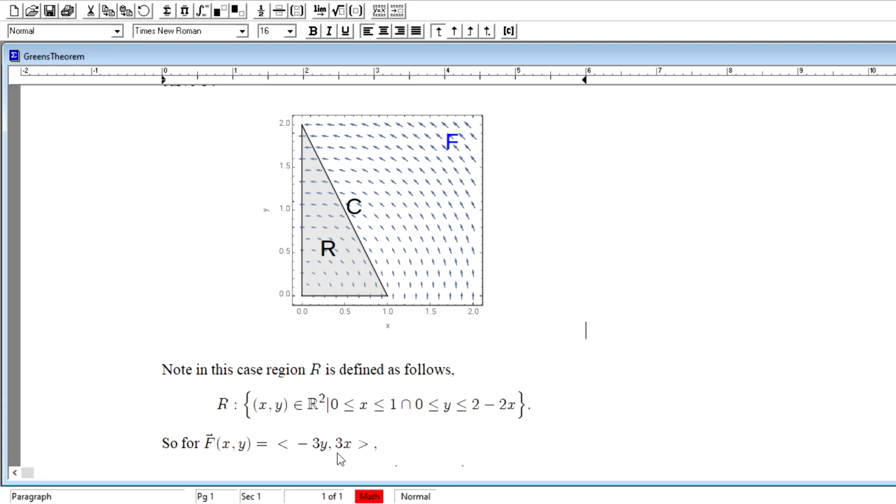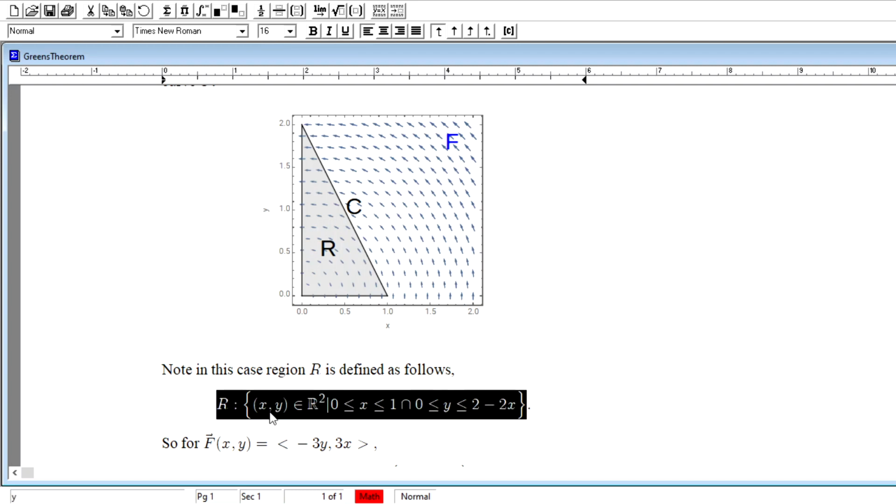what we do note is this region R is not only defined by those 3 lines seen there in curve C, it is also the xy coordinates in space where x happens between the values of 0 and 1, and y happens between these boundaries, starting at 0 and continuing up to this diagonal line, this oblique line, given by 2 minus 2x.